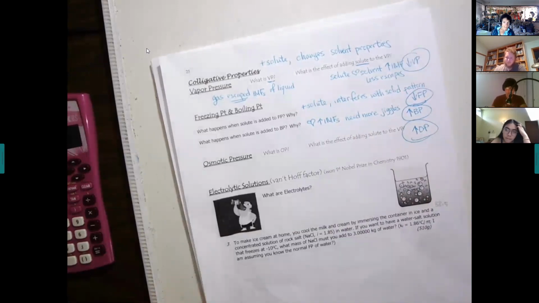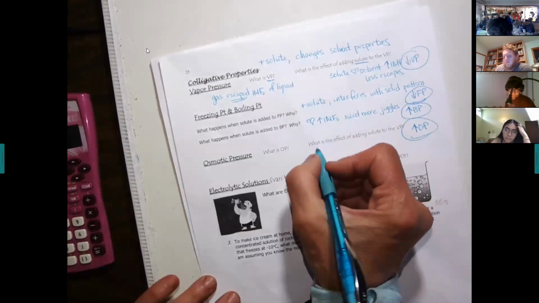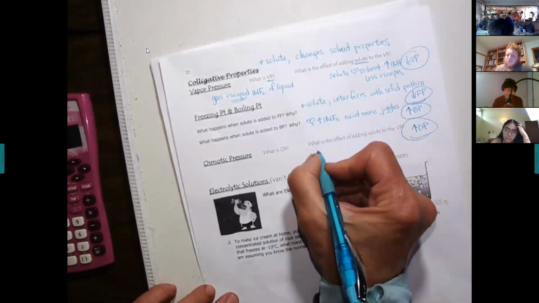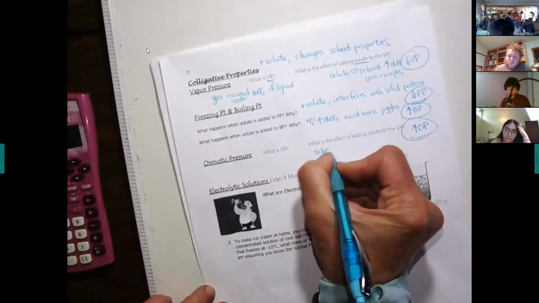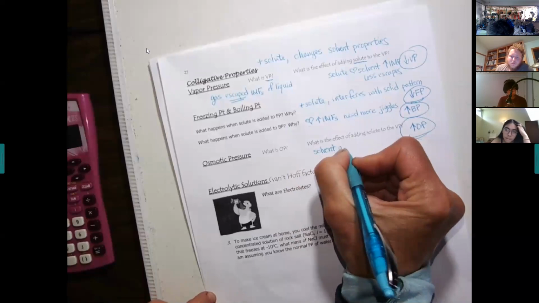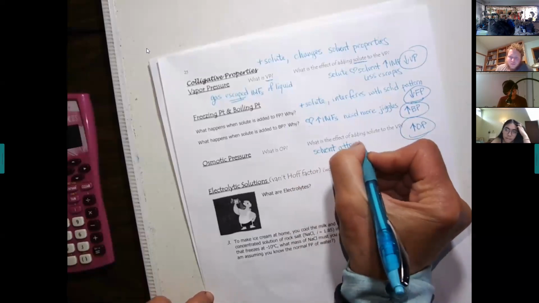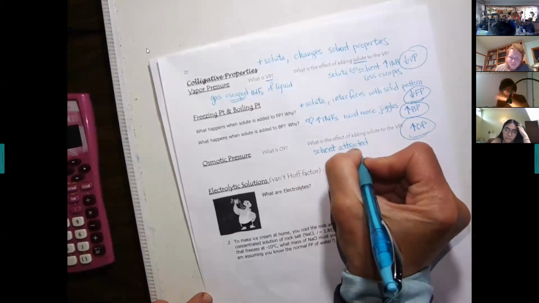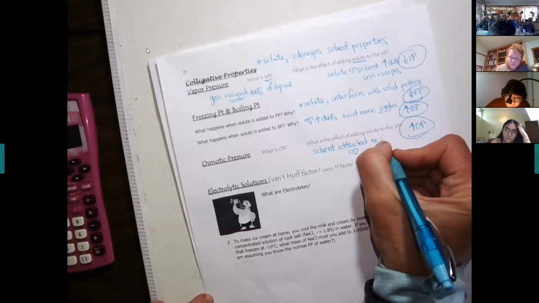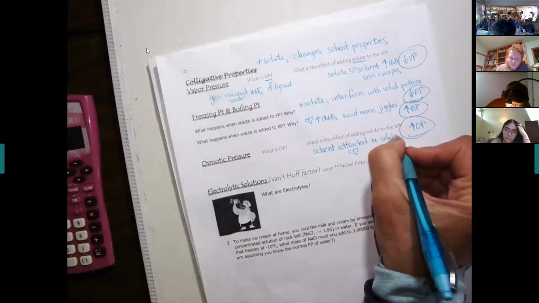So boiling point and osmotic pressure rise when you add solute. Vapor pressure and freezing point decrease or depress. And the reason is that, again, the solvent is attracted to the solute. Isn't this great? We can draw lots of hearts.